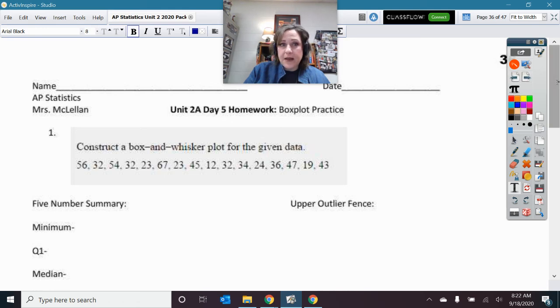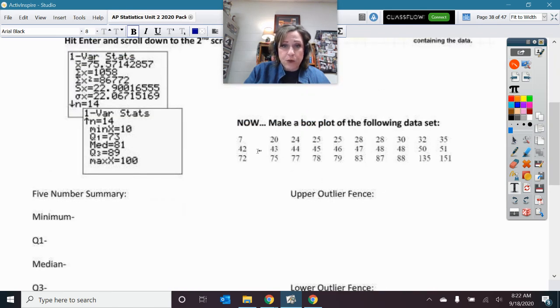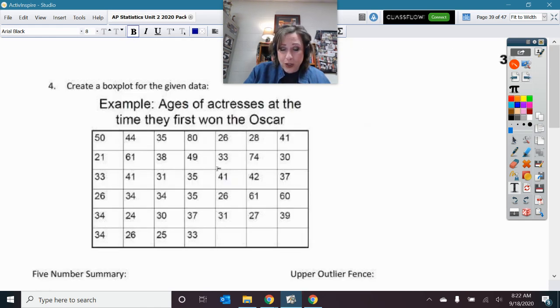We're going to do 4 box plots, but I do want to let you know that once you get to problem number 3, it's a pretty large data set where you don't want to have to go through and find all of that in the 5-number summary. And number 4 is even worse. It's got even more numbers.